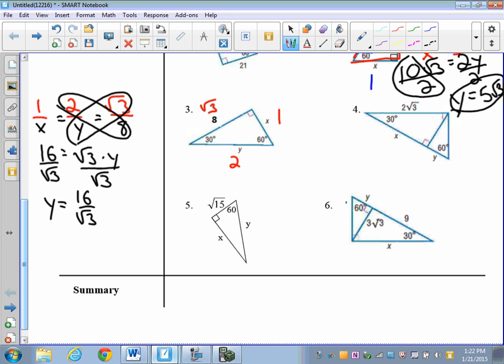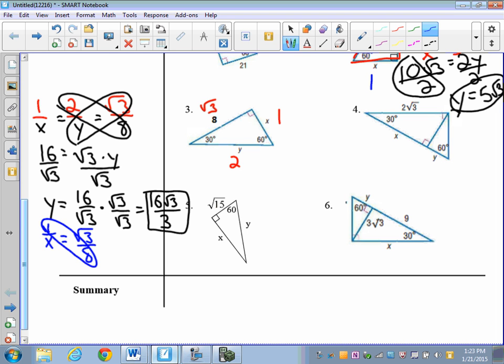Now, a lot of people struggle with this. This isn't in simplest terms. We need to multiply it by the square root of 3 over the square root of 3, which would get us 16 square root of 3 over 3. I can solve for x, and it's actually going to be a similar type of solving. So 1 over x is equal to the square root of 3 over 8. 8 is equal to the square root of 3 times x.